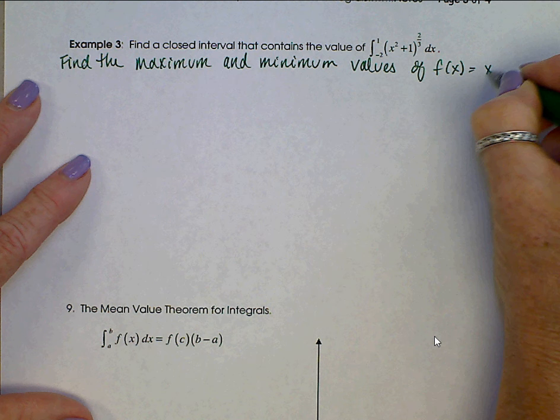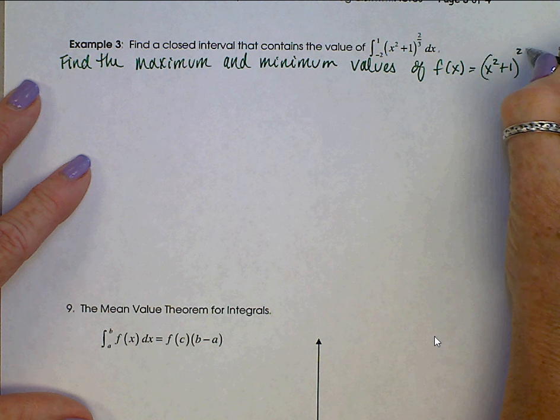And the function is (x squared plus 1) to the 2/3.